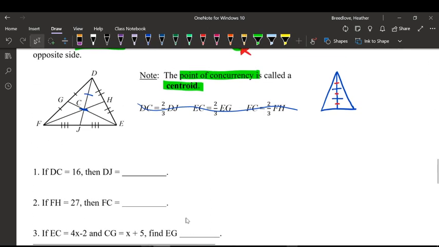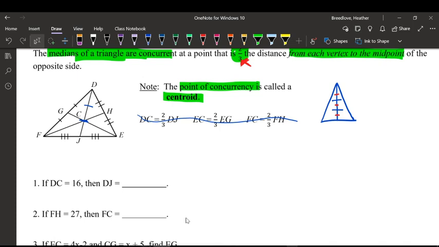Let's look at an example. If DC is 16, what is DJ? All right, so DC is here. It's telling me that is 16.